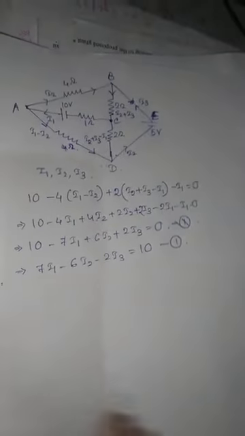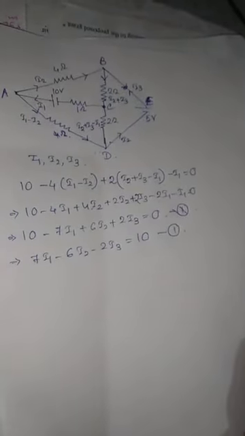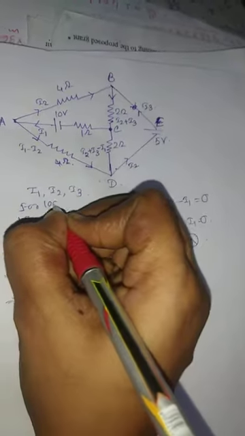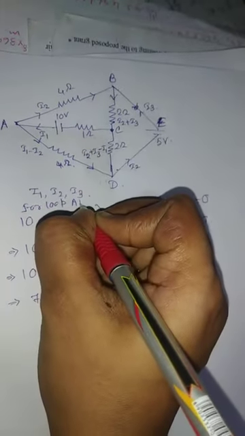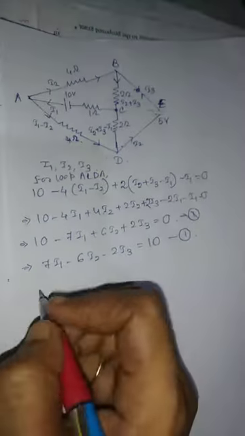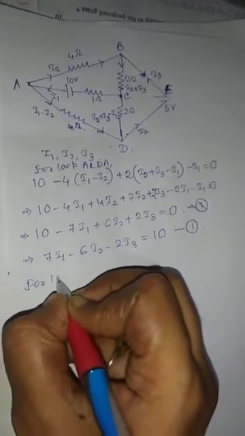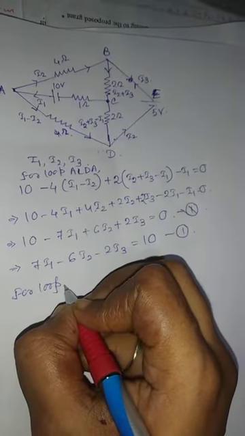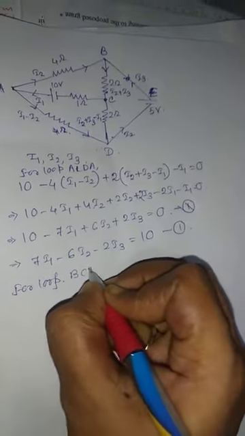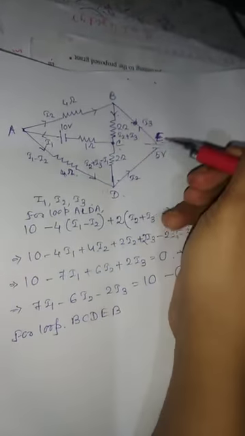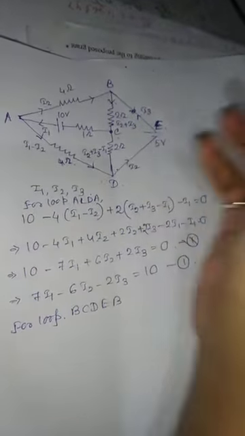Next, for the closed loop A, C, D, A. Next one, for loop B, C, D, E, B. Okay.